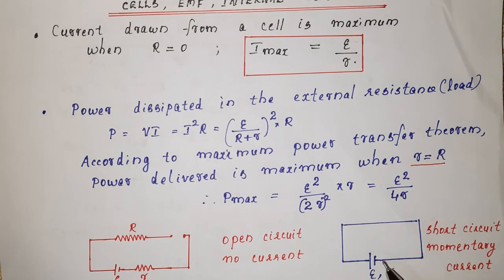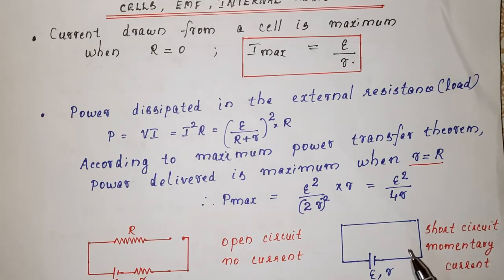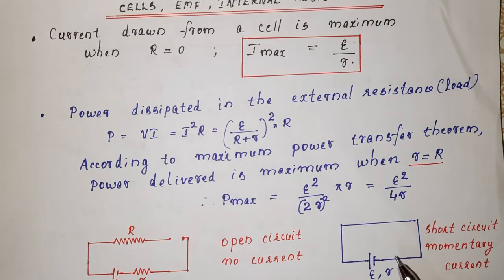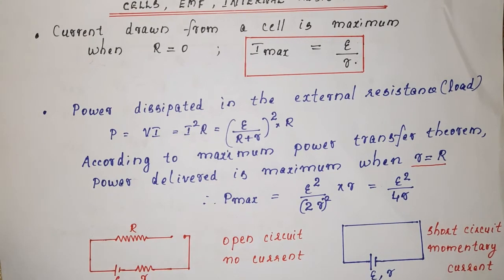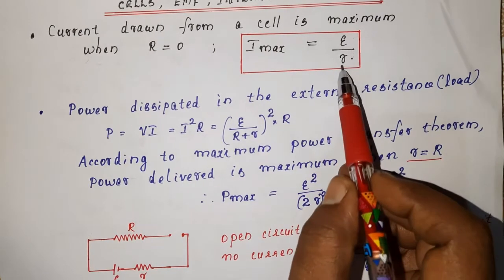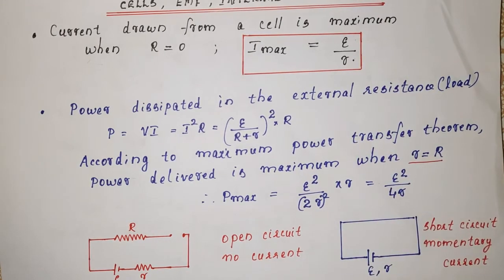If we use a thin wire, it will have sufficient resistance, so the resistance of that wire itself acts as the external resistance R. That is not the case when the terminals of the cell are connected together with a thick wire, which is said to be a short circuit. In that short circuit, a momentary current flows through the wire, and that current is epsilon by small r, that means the maximum current.